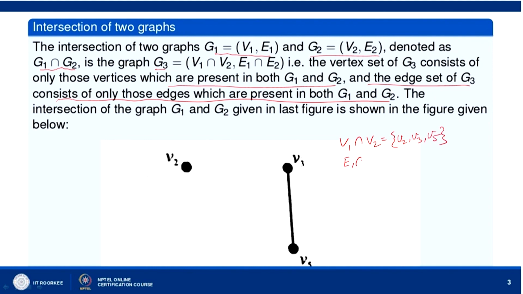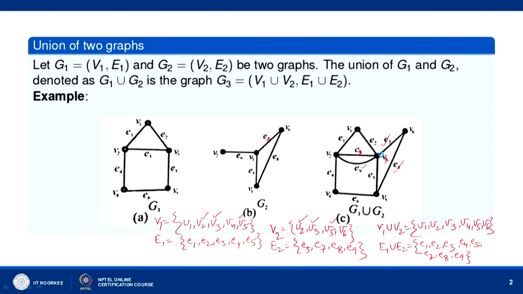And E1 intersection E2 gives us the set of edges of G1 intersection G2. E1 intersection E2 will consist of E5 here and E5 here. So, that is the only edge, E5.